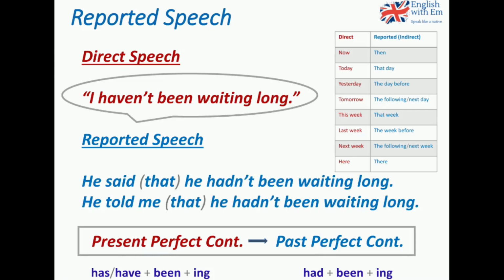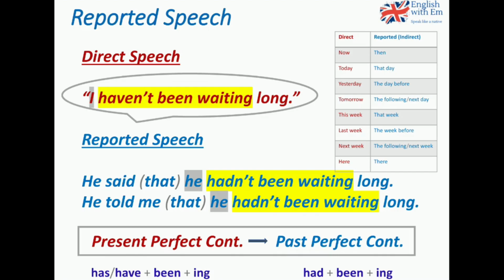He said he hadn't been waiting long, or he told me he hadn't been waiting long. So as always, we change our pronoun. I becomes he, and haven't been waiting, we backshift to hadn't been waiting.